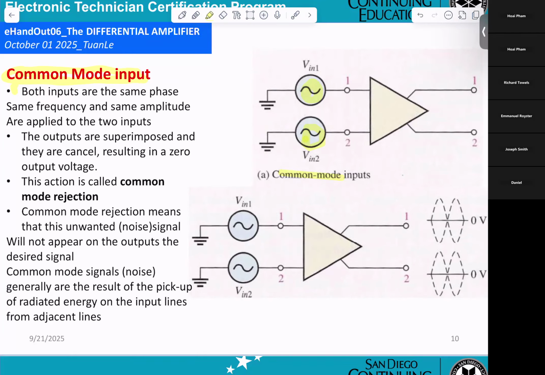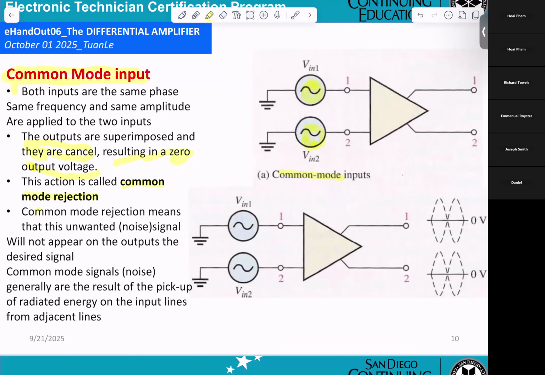The outputs are superimposed and they are cancelled out. See that? Resulting in zero output voltage. That means if you apply an identical sine wave, same phase, the output will be zero. This action is called common mode rejection.